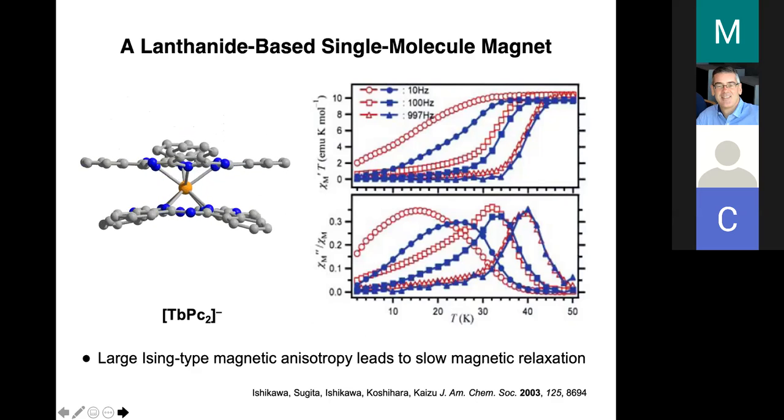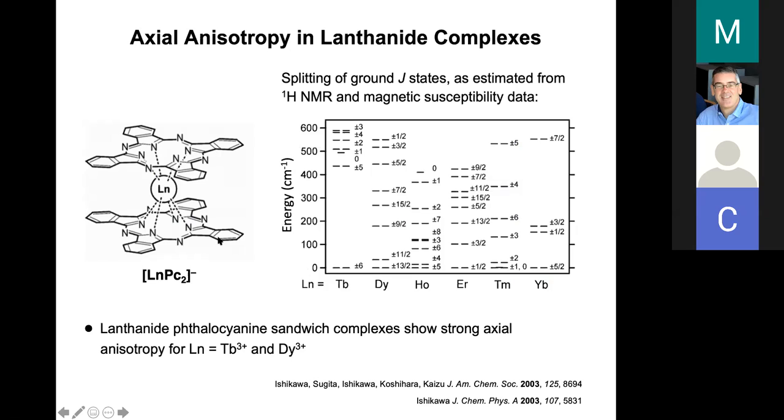All right, so just to understand a little bit about the electronic structure here. This is for a series now of those sandwich complexes between a lanthanide 3+ and two of these phthalocyanine ligands. And you can vary the lanthanide, of course, across the series. But what is being plotted here is the splitting of the M sub J levels associated with the spin orbit coupled J ground state, right?